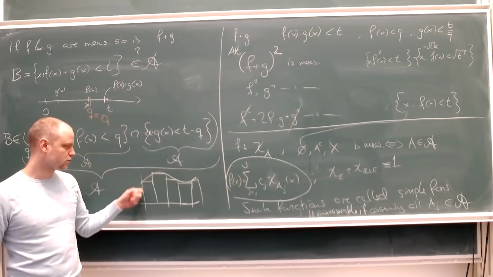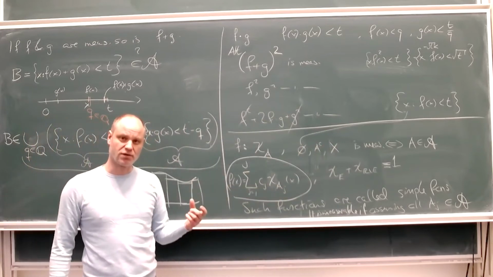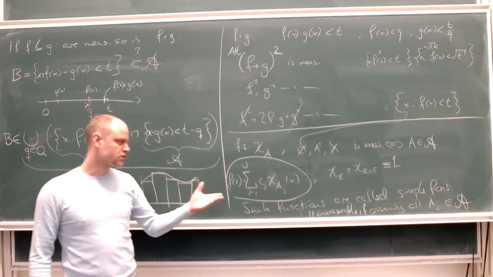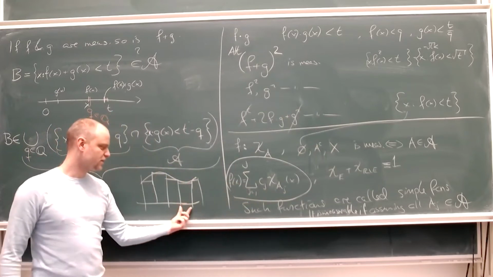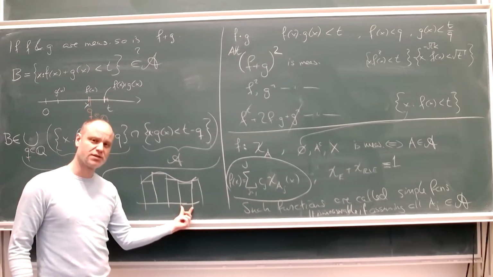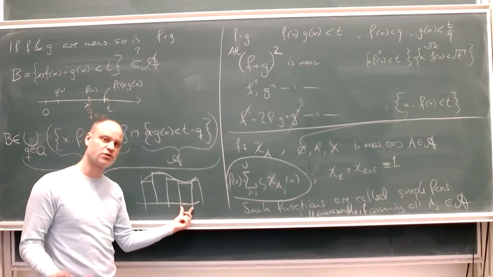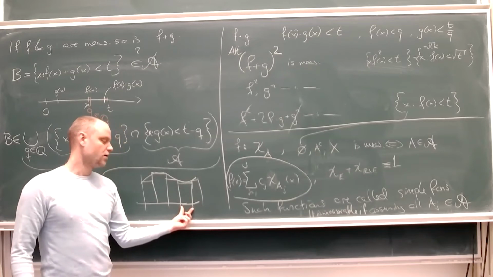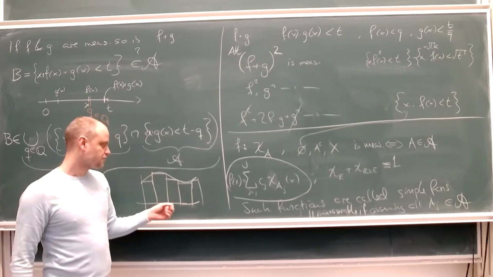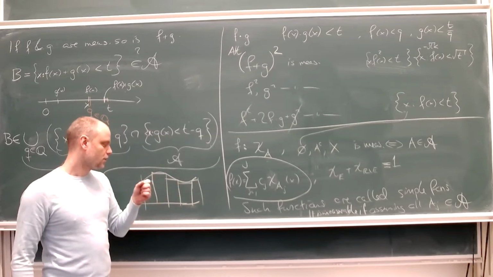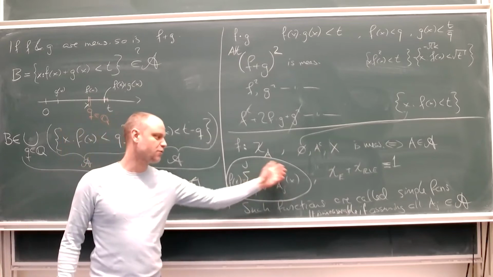It's just some constant values, and then your Aj's are intervals. And when we started this course, in the introductory lecture, I highlighted that intervals are too coarse. We can't work with intervals because then we can't even integrate the characteristic function of the rational numbers on an interval from 0 to 1. So we need to go beyond the intervals and into this type of functions.